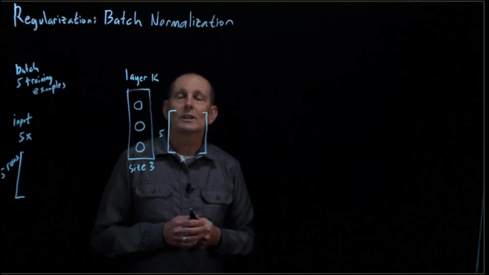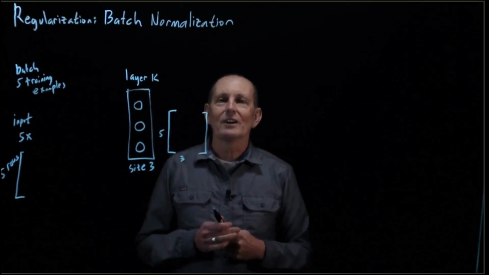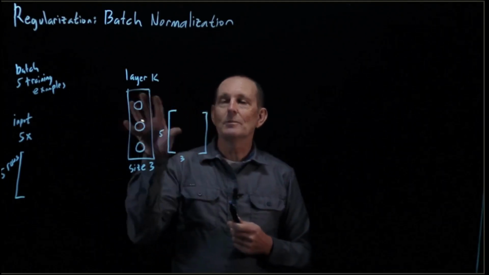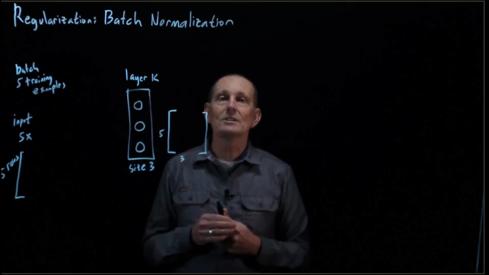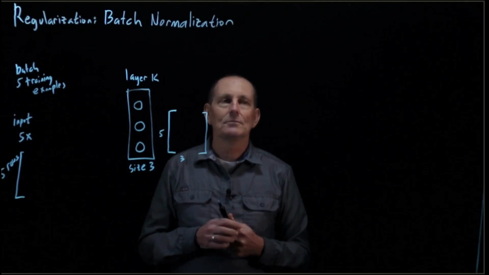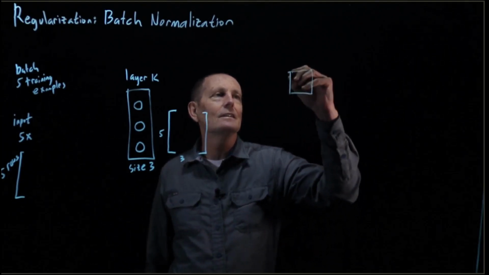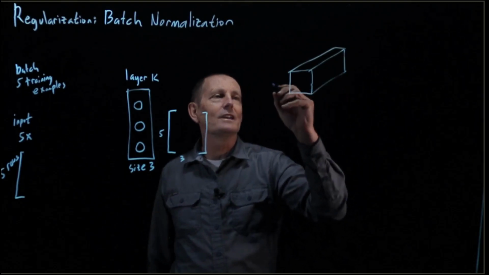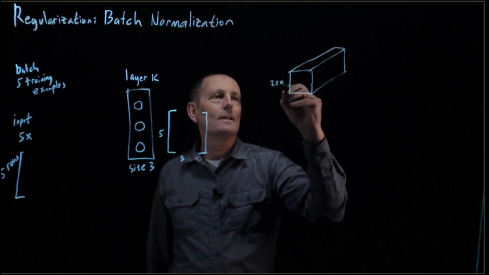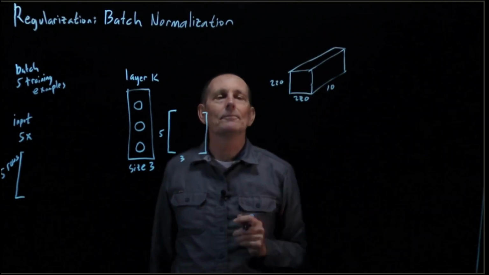If we are working in a convolutional neural network where we're dealing with 2-dimensional or 3-dimensional values coming in, we might have something like a 220 by 220 by 10 here.